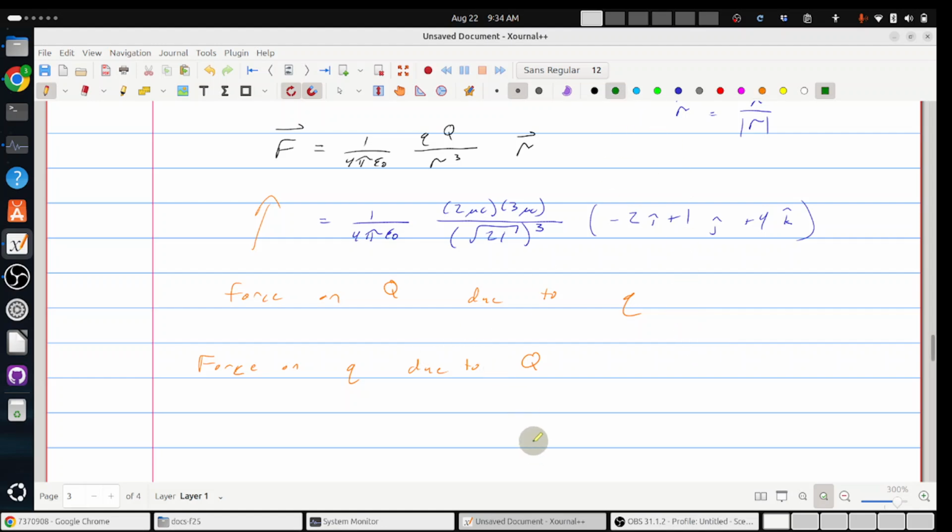The easiest way is to recognize that if this is the force on big Q, the force on little q is going to be equal and opposite of the force on big Q. We know that from Newton's third law in terms of the force pairs.